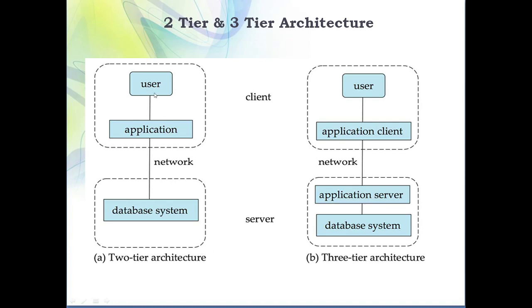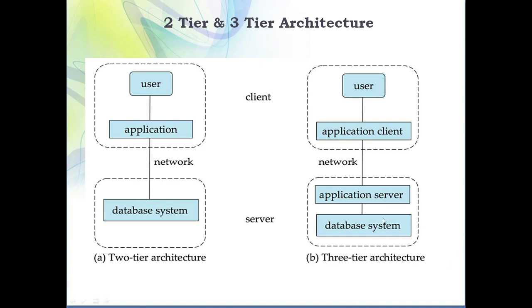In this case, the user will interact with the database system. For example, if we are using Java, then they will make use of JDBC and ODBC. Generally JDBC and ODBC are used for connectivity. Suppose you want to connect Java as a front end with a database as a back end, then you use JDBC and ODBC.